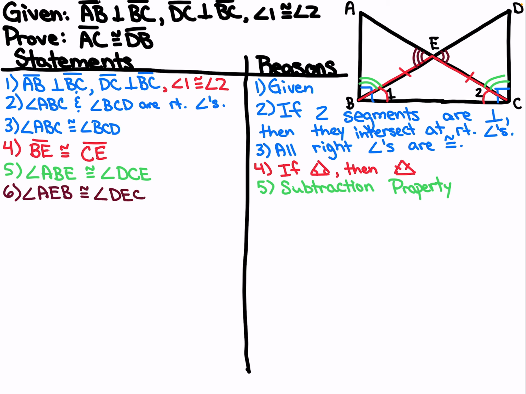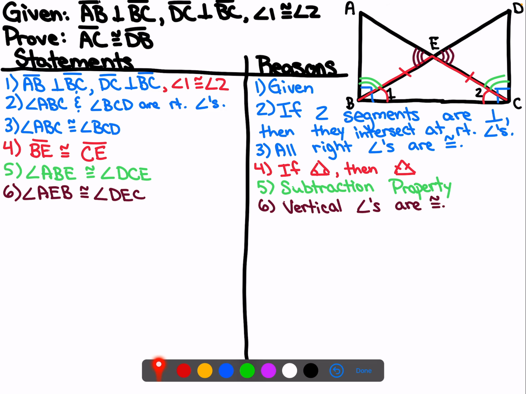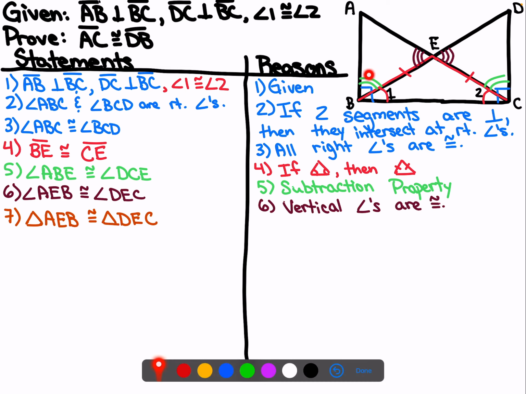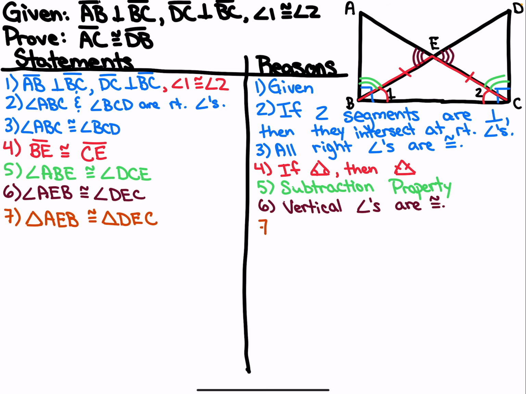And since those two angles are formed by intersecting lines, those two angles are vertical angles. Now from here, we can say that triangle ABE is congruent to triangle DEC. And the reason that we can say that triangle AEB is congruent to triangle DEC is angle, side, angle. So those two triangles are congruent by angle, side, angle.